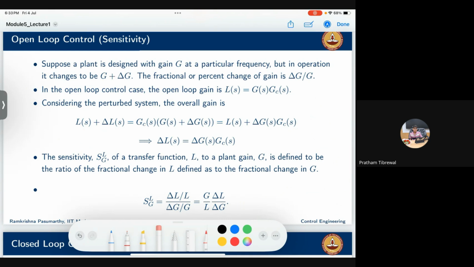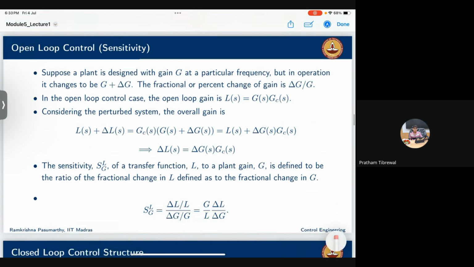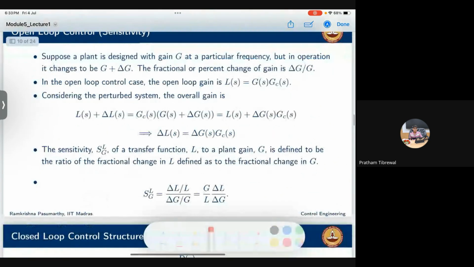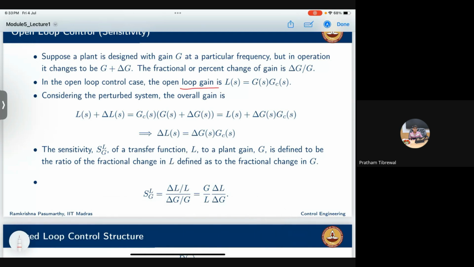So we are introducing another term called loop gain, the open loop gain of the system, which can be represented as G of S into GC of S. If you wonder what this GC is, it is the controller gain.